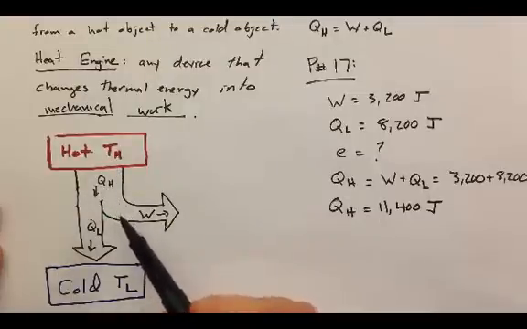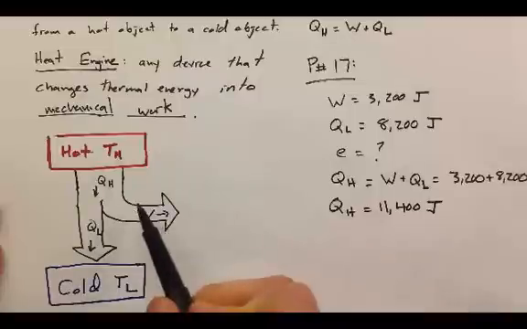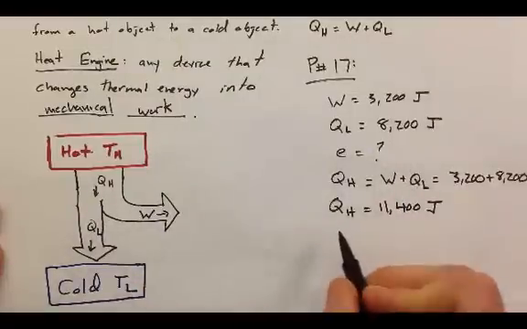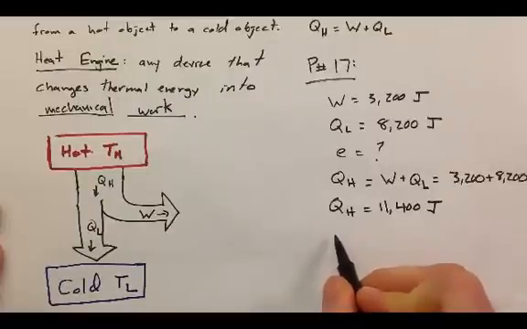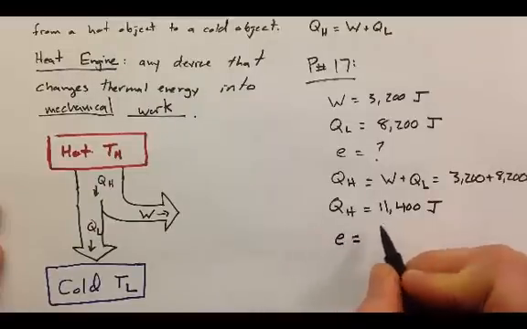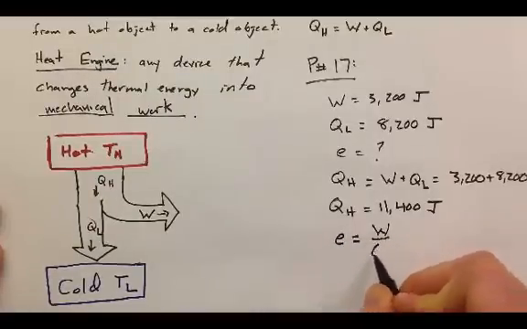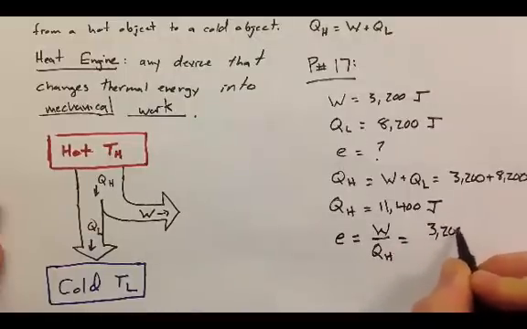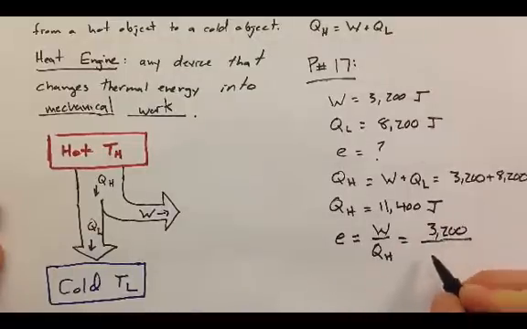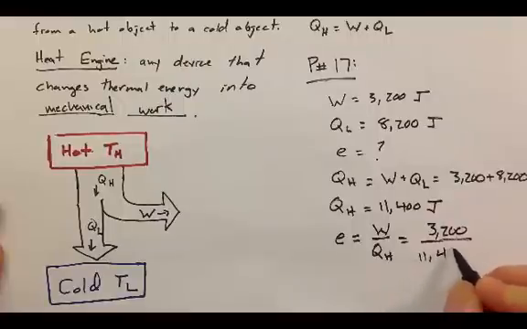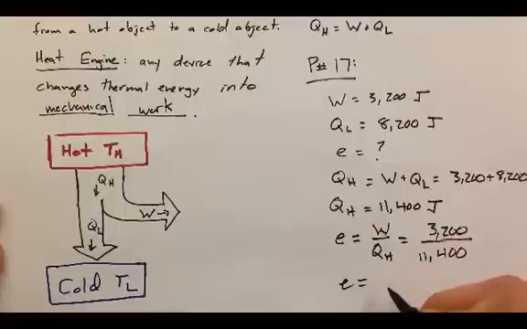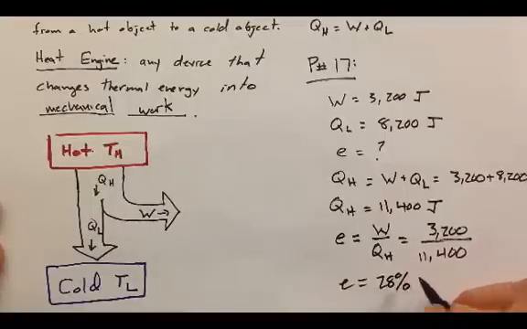So if we calculate the efficiency here, that would be equal to 3,200 divided by 11,400, which turns out to be 0.28, or as we often describe efficiencies, as a percent. So if you divide this out, you get 0.28 or 28%.